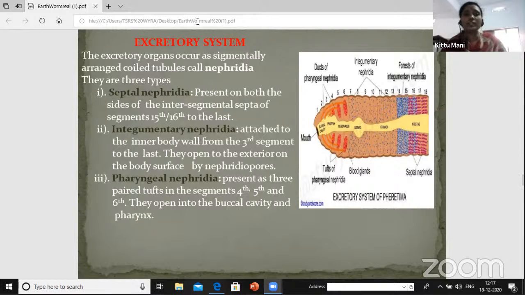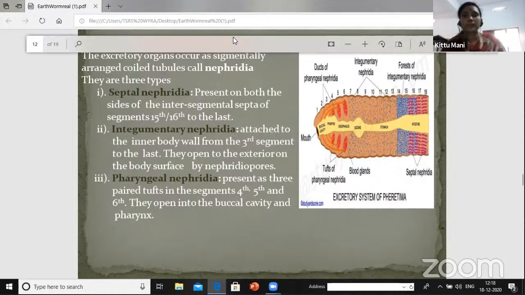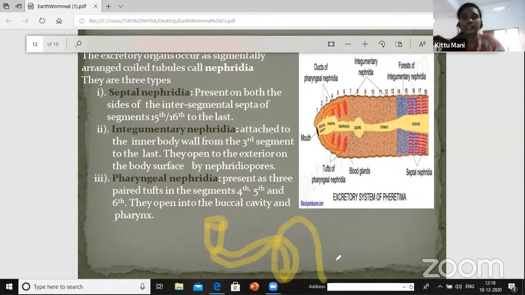It is a coiled tubule. Here we observe a funnel-like structure at the anterior region of the nephridia, and a coil-like tubule. This is the nephridia.